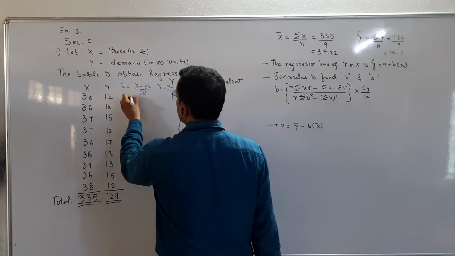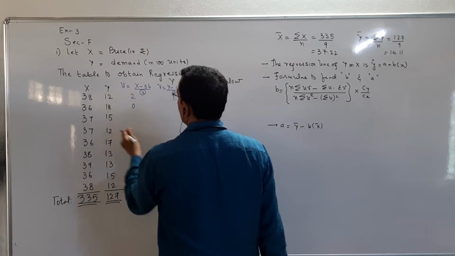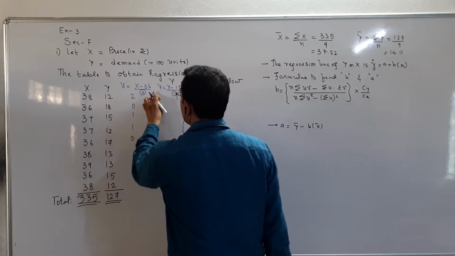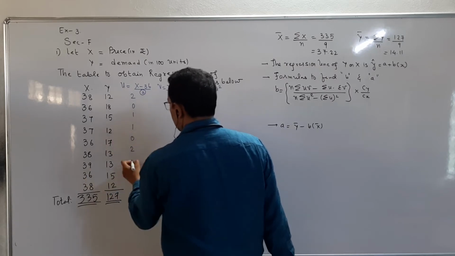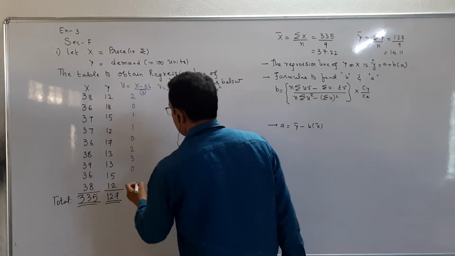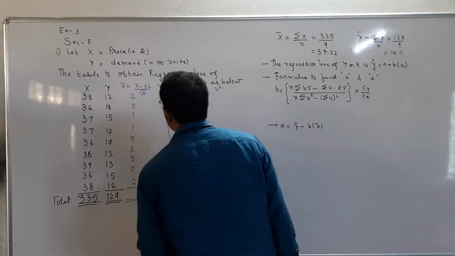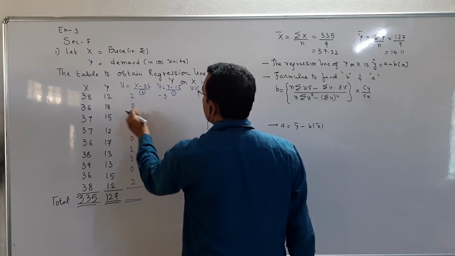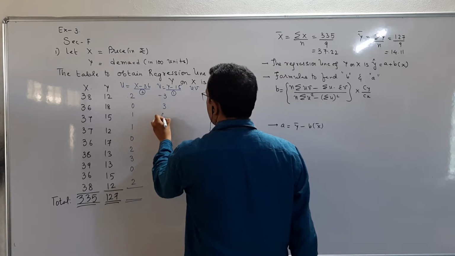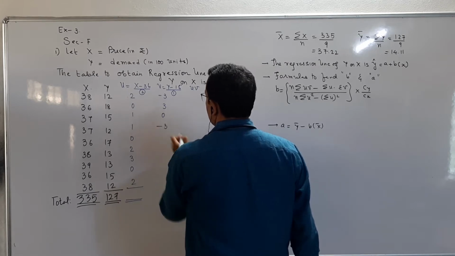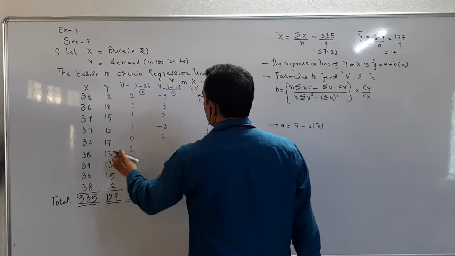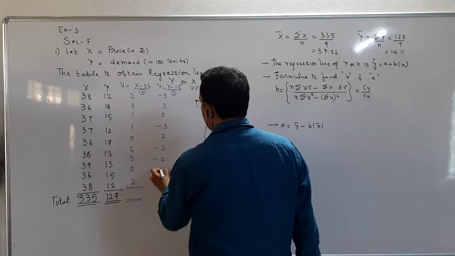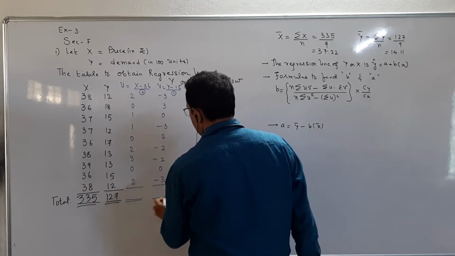Now 38 minus 36, 2; 36 minus 36, 0; 37 minus 36, 1; again 1; again 0; 38 minus 36, 2; 39 minus 36, 3; 36 minus 36, 0; and 2. Then students, 12 minus 15, minus 3; 18 minus 15, plus 3; 15 minus 15, 0; 12 minus 15, minus 3; 17 minus 15, 2; 13 minus 15, minus 2; again minus 2; again 0; and again minus 3.